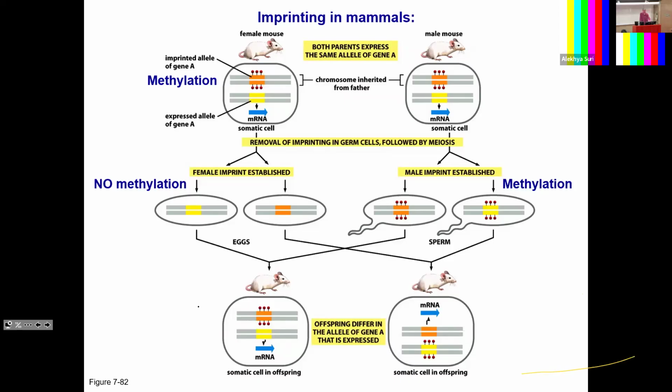So when we look at, for example, on the left side, we have a female mouse here, we create oocytes. In this example, certain methylases are not present.